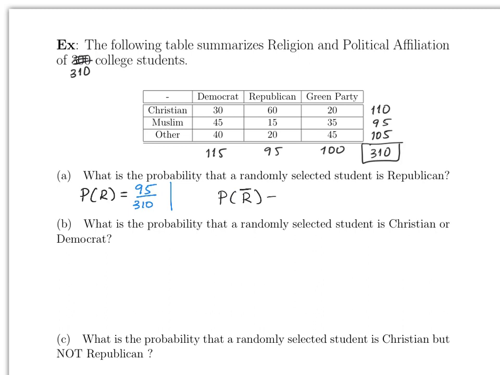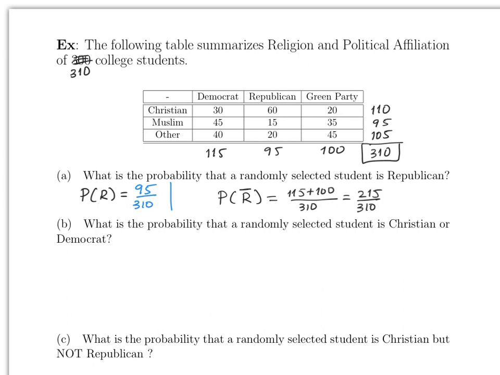That's the complement. Well, these people are not Republican and these people are not Republican. So if you add the two, this will be 115 plus 100 divided by 310, which will be 215 over 310. And that's it.